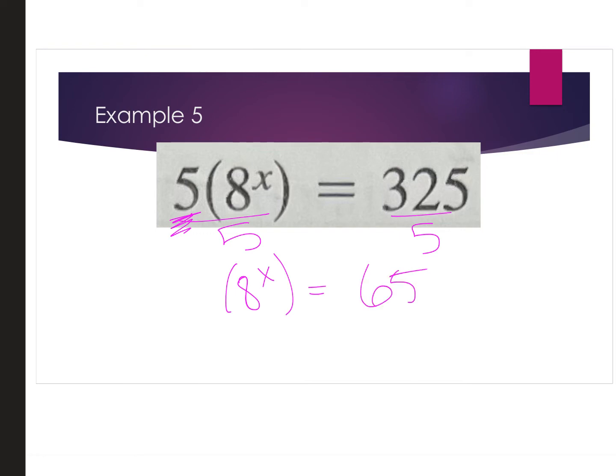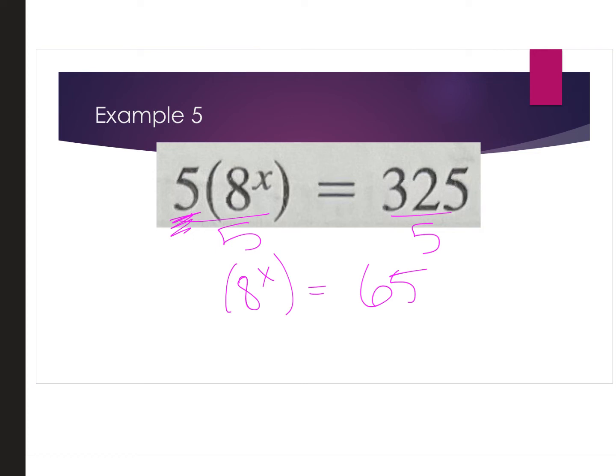Now, if that was 64, this would have been a fantastic problem where I could get the bases the same. But I can't, right? 65, I cannot write that in base 8, or in any other base. It's 5 times, what, 13? Yeah, it doesn't come out to be anything else. So if I'm trying to solve this thing for x, this is one of those situations where I'm like, holy crap, I'm stuck.